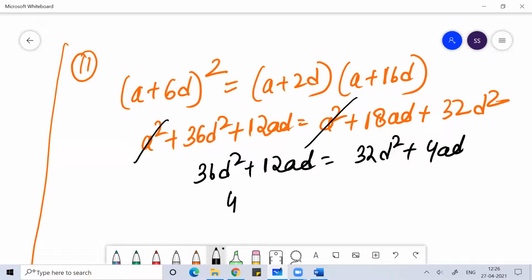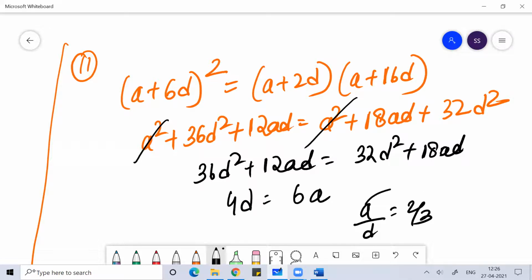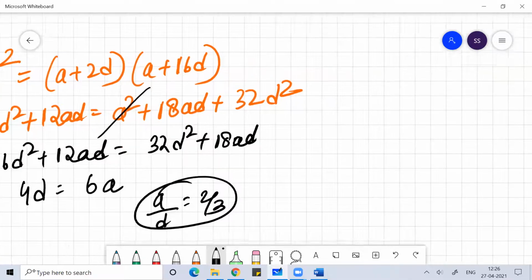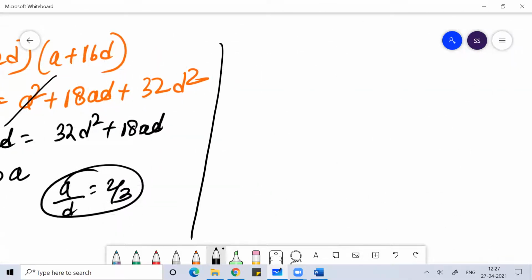So 4D square is equal to 6AD, so the ratio of A by D is equal to 2 by 3. Simple. So that is what they have asked you.